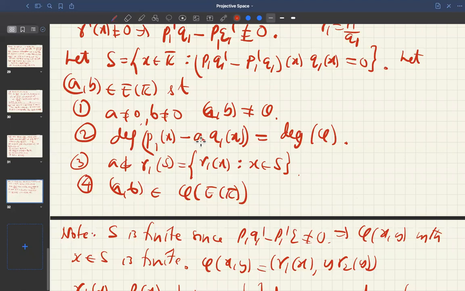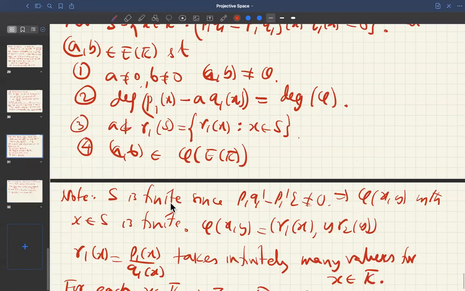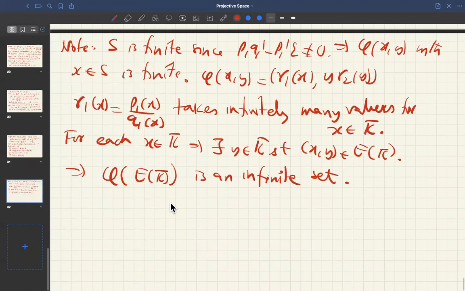There can be at most very few A for which the degree of P1x minus is not equal to the degree of phi, and very few A's such that R1 of A is in R1 of S. From this remark, what we know is that such an AB exists. Hence such AB exists.